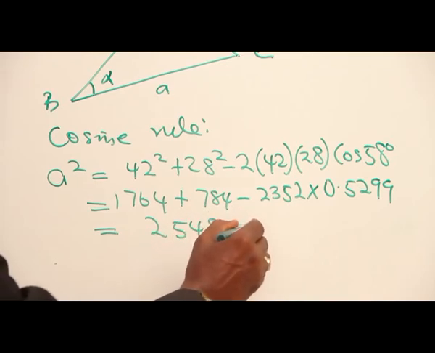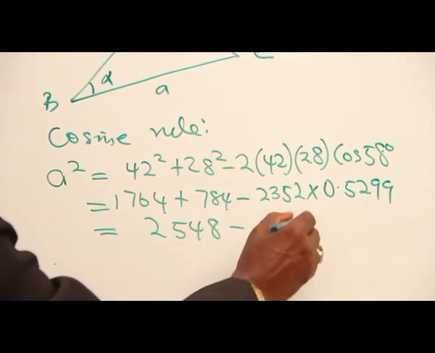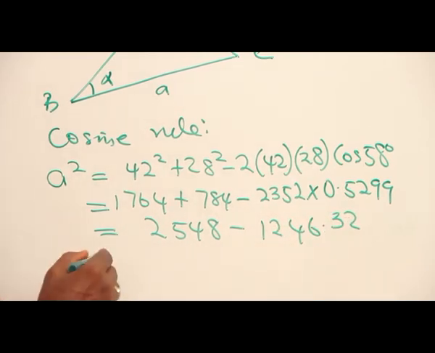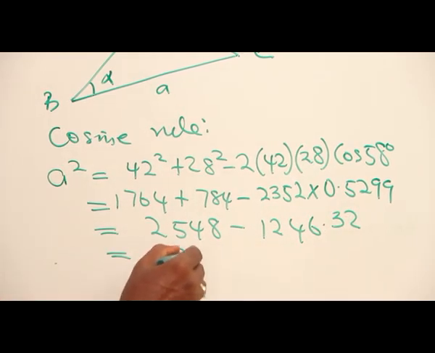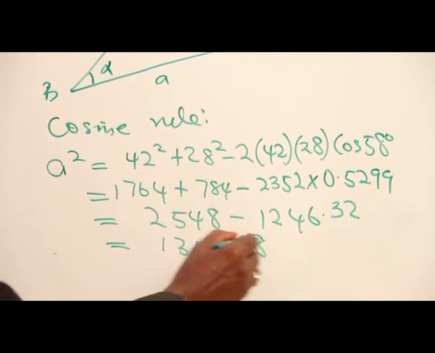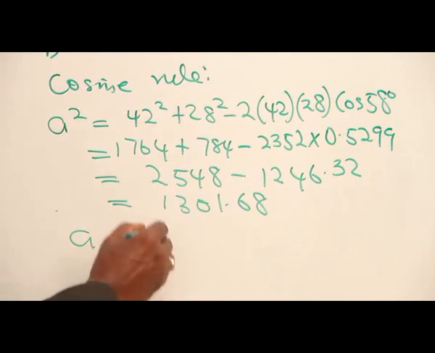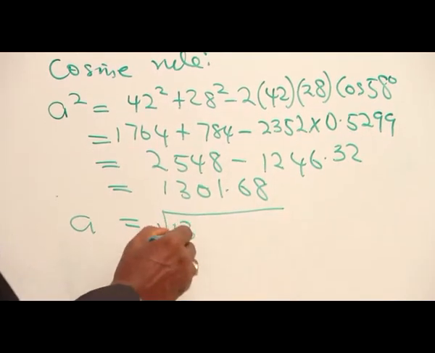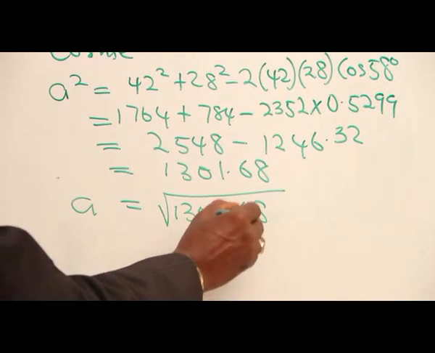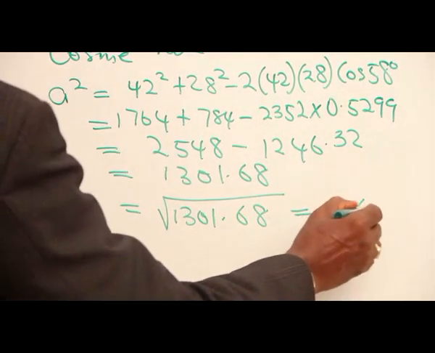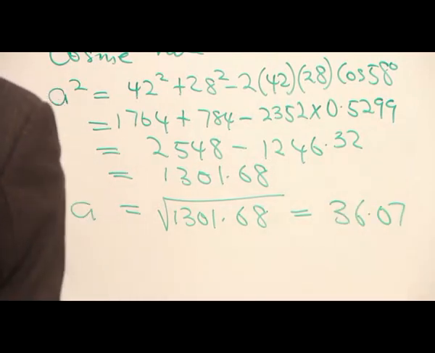This eventually gives you 2548 minus 1246.32, and this will give you 1301.68, and therefore a is the square root of 1301.68, and that will be equal to 36.07.